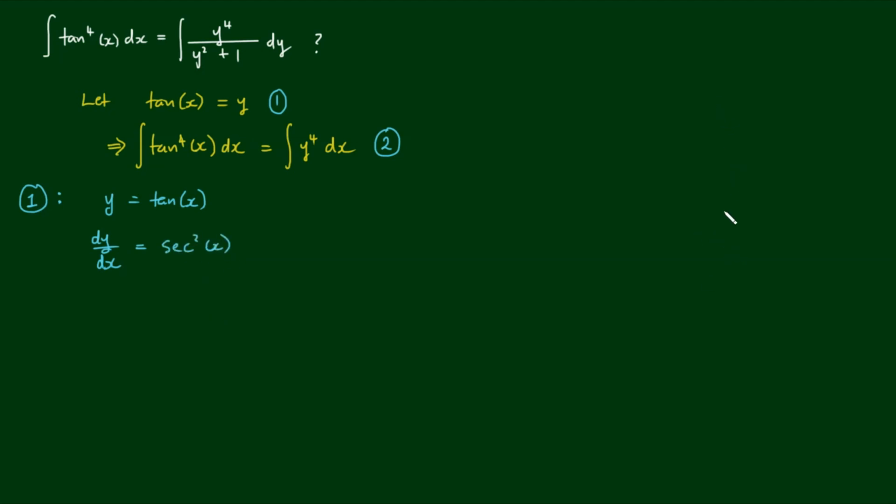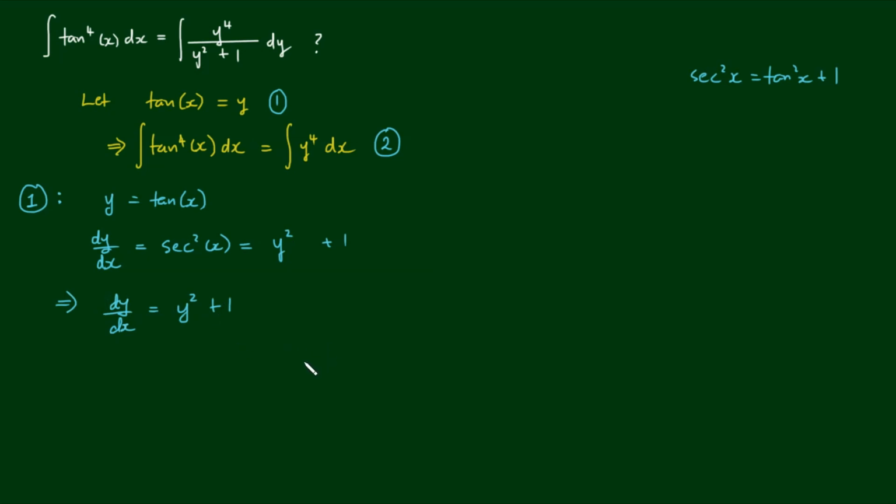And by the Pythagorean identity, sec squared x is equal to tan squared x plus 1. Well, the tangent of x is equal to y, so the tangent squared of x is equal to y squared. So we have the expression dy dx is equal to y squared plus 1.